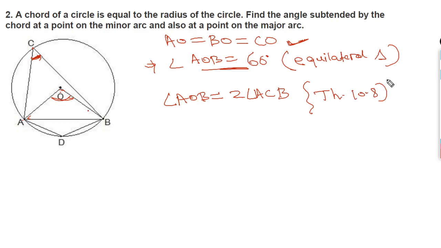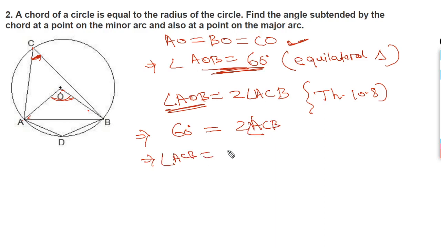So what the theorem is saying? Theorem says the angle subtended by an arc at the center is double the angle subtended by it at any point of the remaining part of the circle. So now implies, we have found angle AOB 60 degree. 60 degree is equal to 2 times angle ACB, implies angle ACB is equal to 60 degree divided by 2, which is equal to 30 degree. So we got angle ACB is 30 degree.